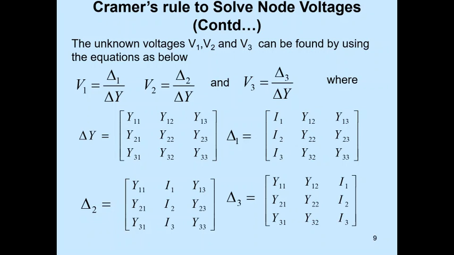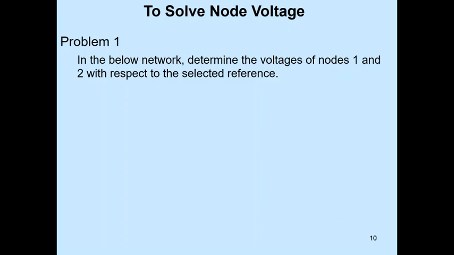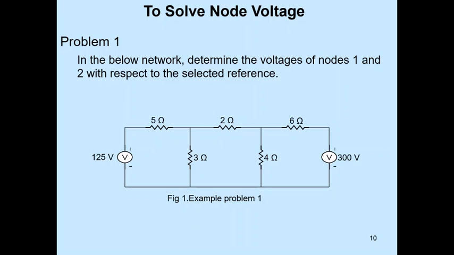Delta 2 is when the second column is replaced by the current matrix, and delta 3 is when the third column is replaced by the current matrix. So by using this admittance matrix, we can calculate V1, V2 and V3 to solve node voltages.